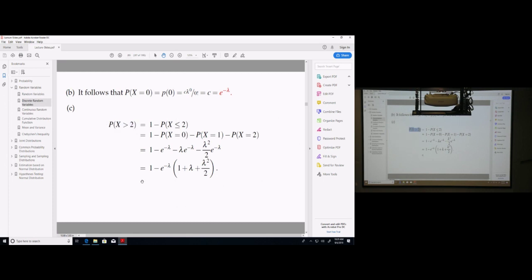As it turns out, it is easier to do the opposite, because the opposite has only a few cases. Namely, the opposite is x less than or equal to 2. When x is at most 2, x can only be 0, 1, or 2. So I only have these 3 possibilities. So I plug it in, and I will just get this answer.